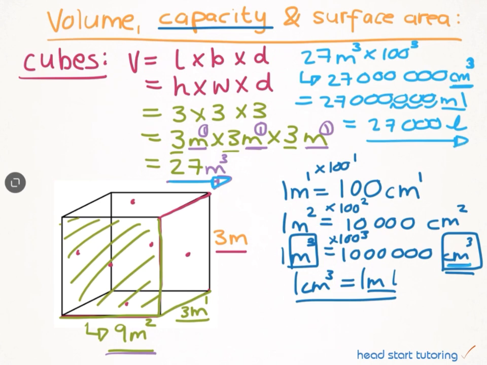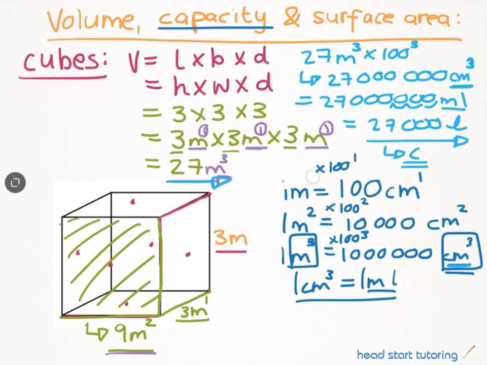How much water will this cube be able to fill? The answer is 27,000 liters will fit into this cube of side 3 meters. So this answer here is your capacity.